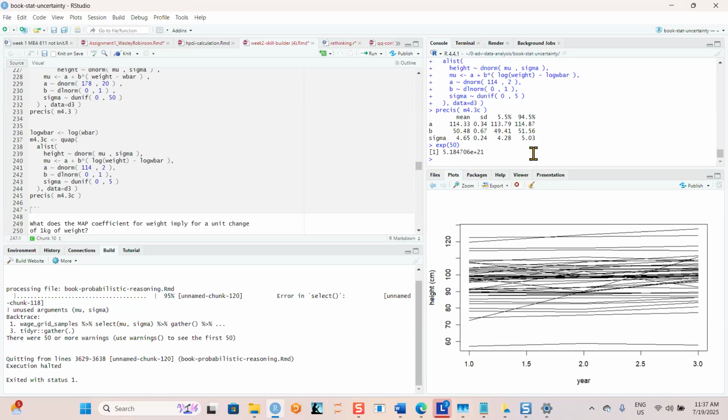It's huge. What if we take log of 50? Yeah, we're right back to business.